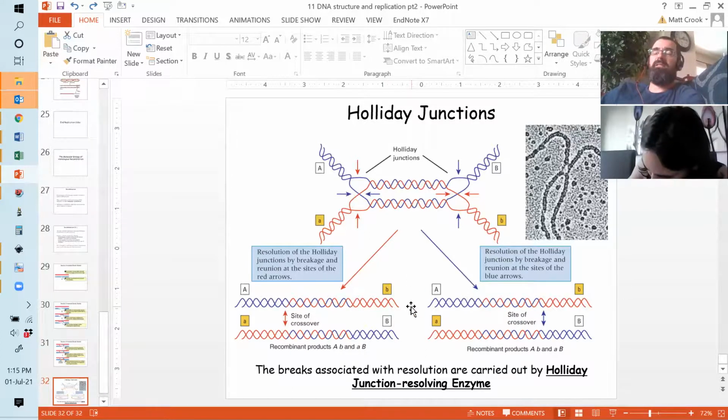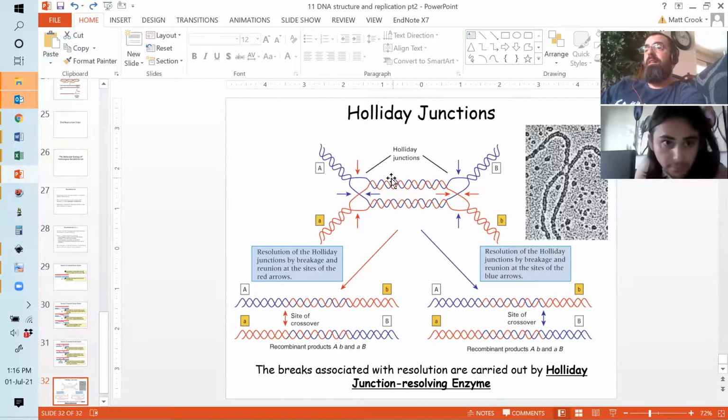They have to be fixed, because otherwise you're never going to be pulling apart these homologous chromosomes in, what would that be? That would be in meiosis 1. So these are resolved by an unimaginably called Holliday junction resolving enzyme. And so they will cut the DNA and basically stick it back together so that those chromosomes can separate.